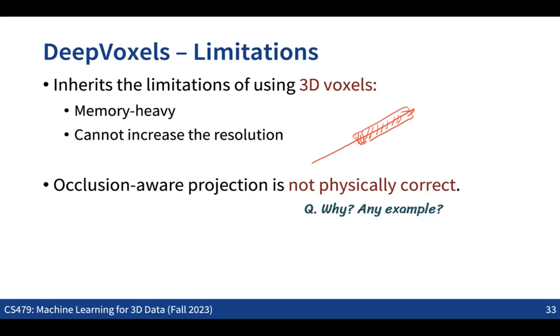But here, since we are predicting the visibility for each voxel independently, there can be cases where the closer voxel is not visible, having a lower visibility score, while the voxels behind it have higher visibility, which does not make sense.